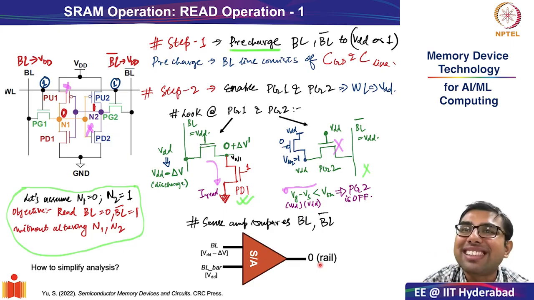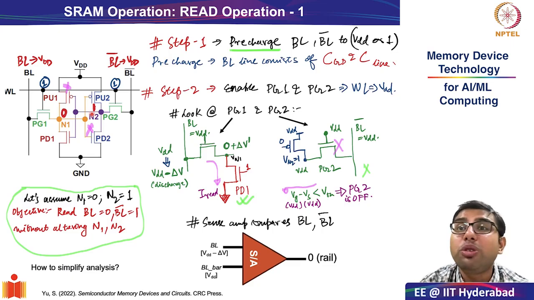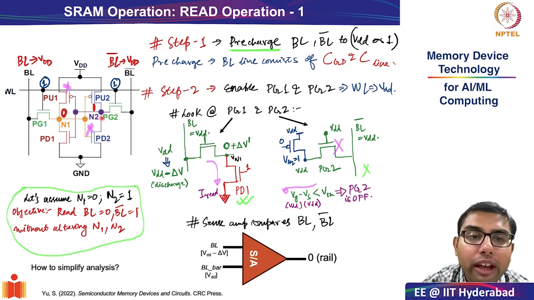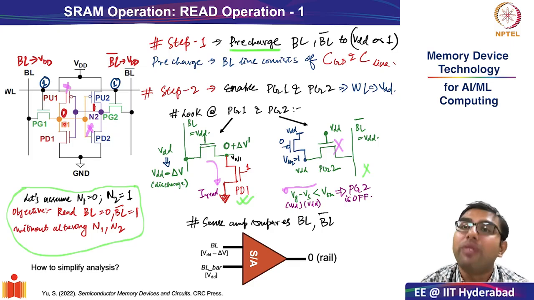In the opposite case, if 1 was stored in storage node 1 and 0 in storage node 2, which will be the transistors which will be active? It will, of course, be PD2 and PG2, just symmetric. It will be PG2 and PD2 if there was 0 on N2 and on N1 you had 1, right?